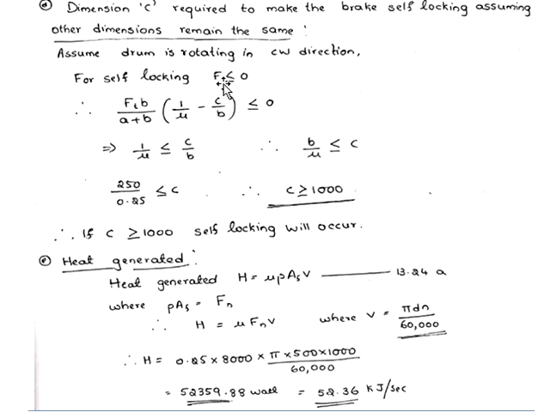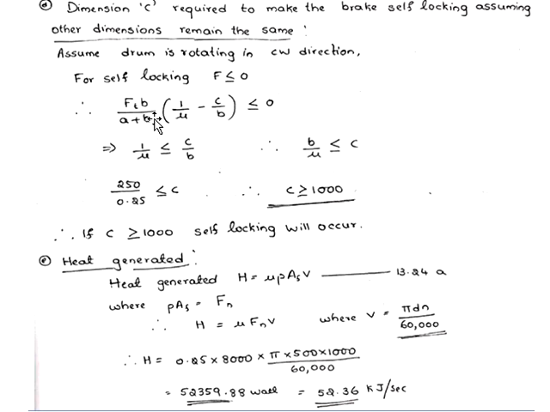That means the F value should be equal to or less than 0. So this is the equation for F. That should be less than or equal to 0. Its meaning is that without applying any force, that means F value should be 0, the rotating element has to stop. That is the meaning of self-locking.